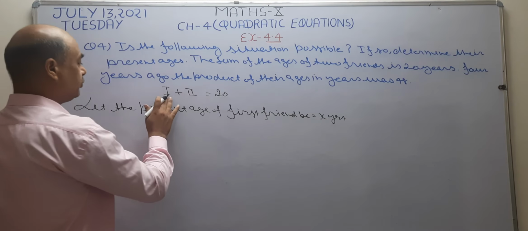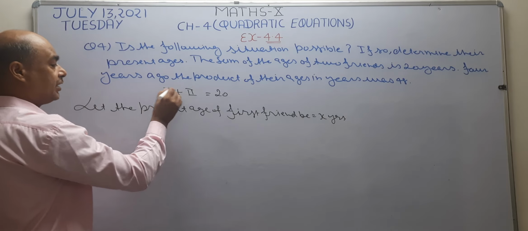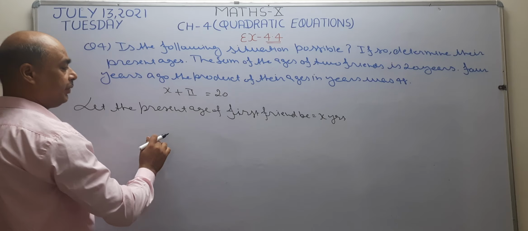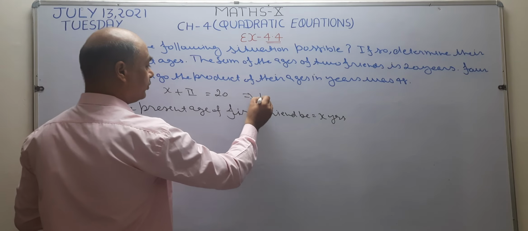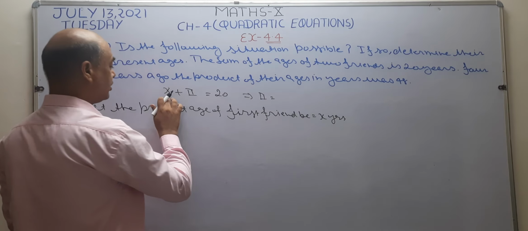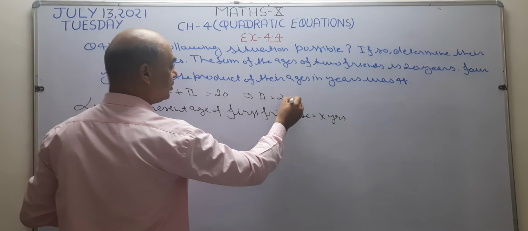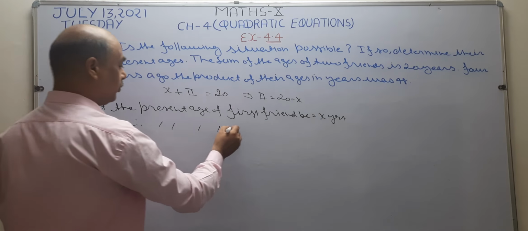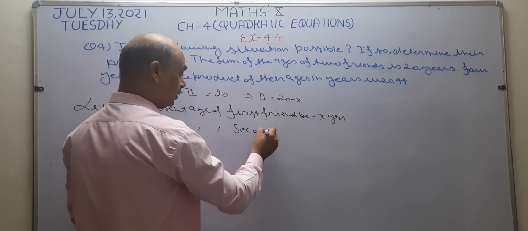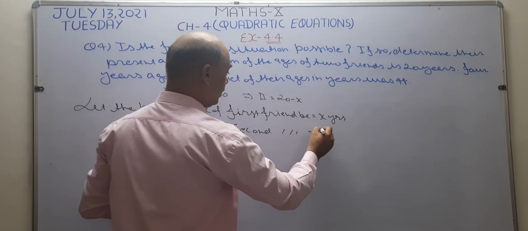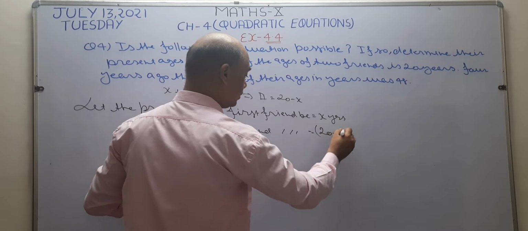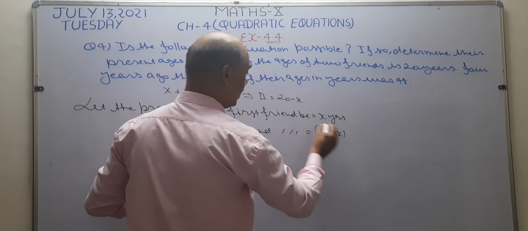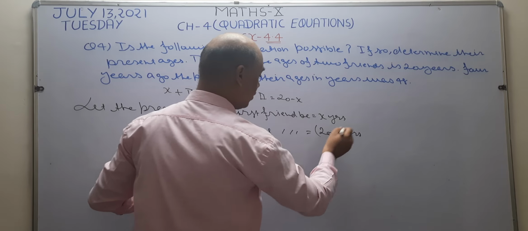Now the age of the second friend becomes, if I take this x from left to right, 20 minus x. Therefore, the present age of the second friend is 20 minus x.